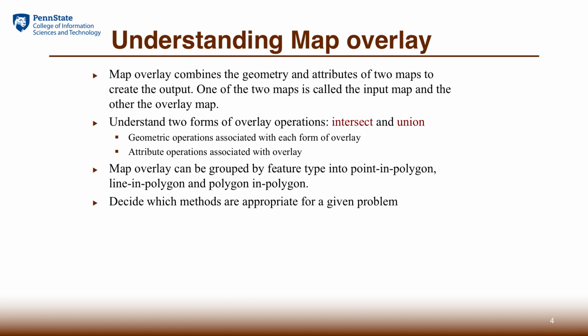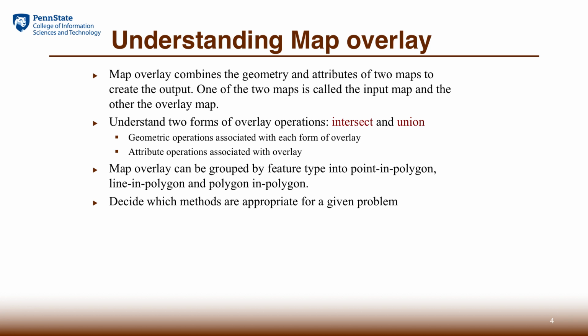In terms of overlay with geography, with geometry, there's a question of whether we want to keep all these geometric shapes from both of the input themes, or we want to only keep the overlap. Depending on the answer, the operation could be either intersect or union. Either way, we have to decide on geometric change as well as the attributes change.